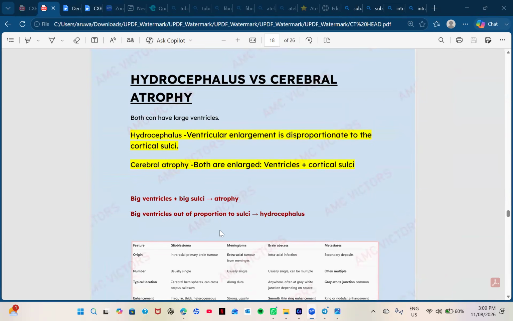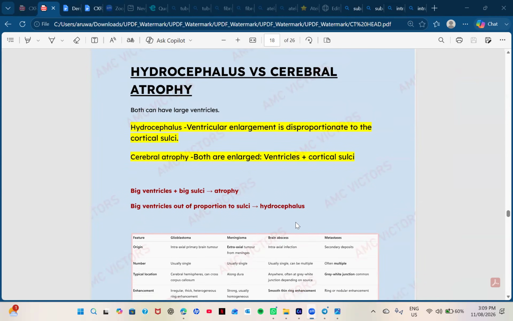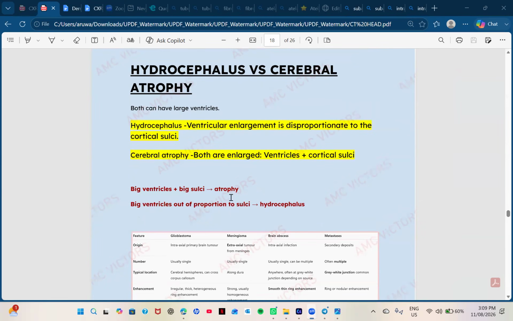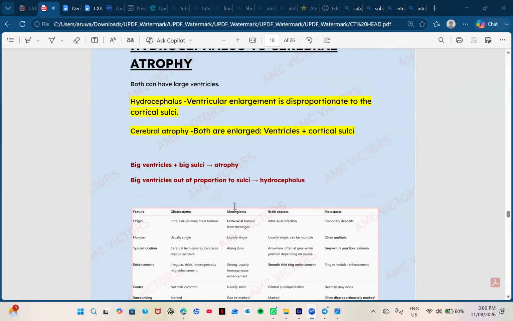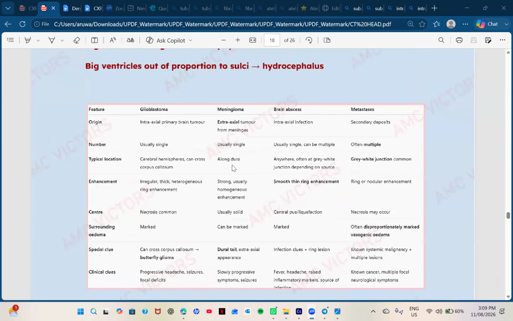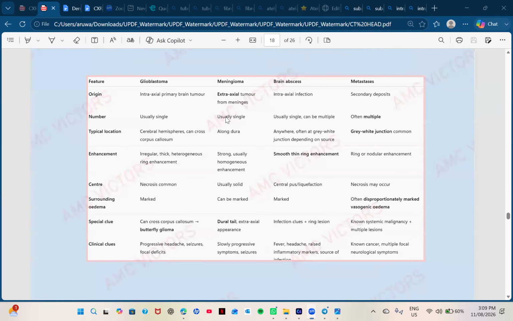With big ventricles out of proportion to the sulci, you can think about hydrocephalus, which is only ventricle dilatation without involvement of the sulci. But if it is atrophy, the sulci are also involved, right? And other things you need to understand are how the glioblastoma, the meningioma, the brain abscess, and the brain metastasis present, right?